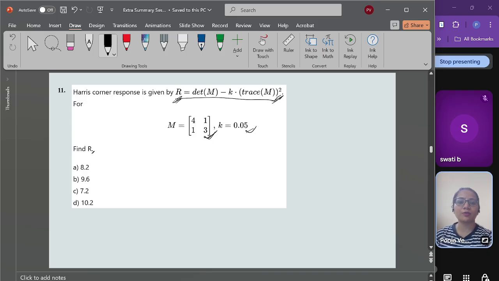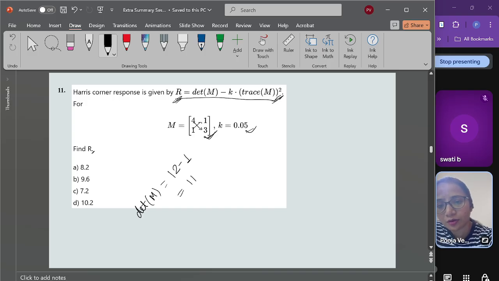Can you calculate what the determinant of M will be? What is the determinant of this matrix? This is a simple multiplication of these two, so 12 minus 1.